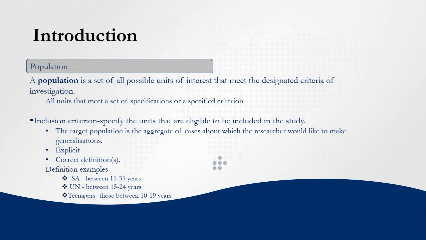So in terms of definitions, I've used those examples to say, for example, if you want to look at teenage pregnancy, and then the definition that is out there maybe will say it's those who are between 10 to 19 years.